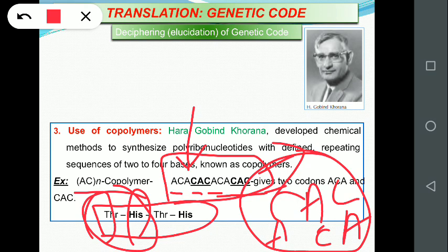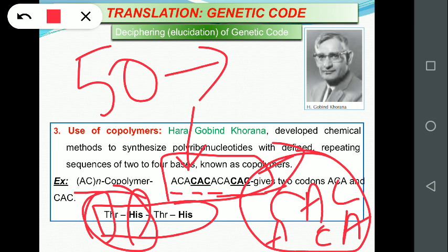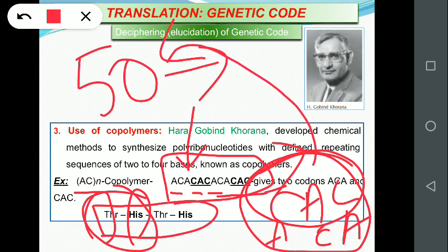Okay, so from the earlier experiment we have knowledge of about 50 codons. If you are able to find out what amino acid CAC codes for from that experiment, then you can easily assign ACA to the other amino acid. If you know one codon, then you can identify the remaining codon.